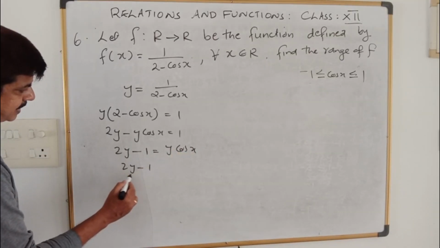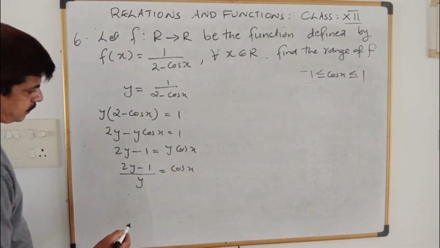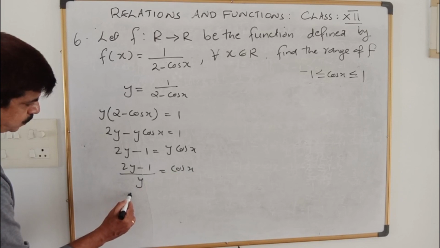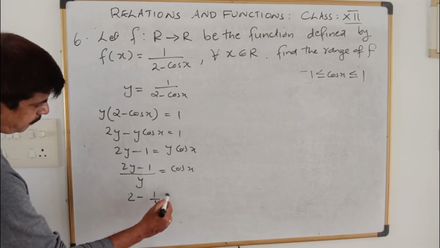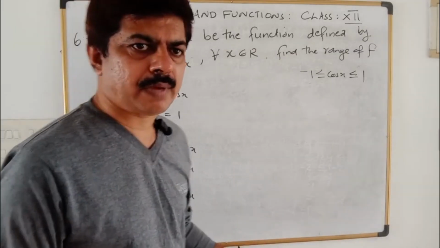So isolate cos x on one side. So we have written cos x in terms of y, and still simplifying, we are getting 2 minus 1 by y is equal to cos x. We got the cos x value.